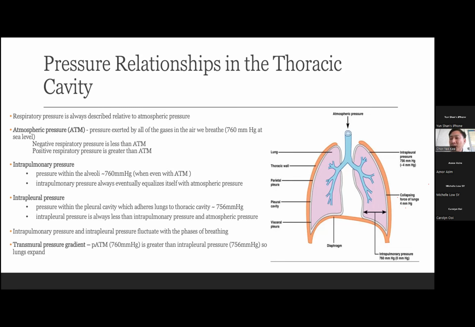Then because of the pressure gradient created by the pleural pressure, the air will come in. On the opposite end, during exhalation, the external pressure comes in, so the alveolar pressure becomes +1 centimeter water. That's why the air can go out.